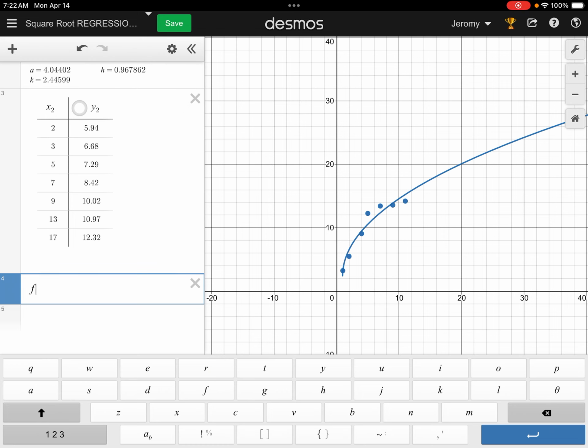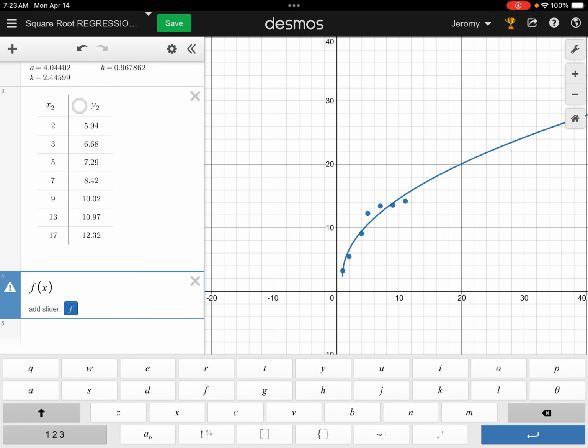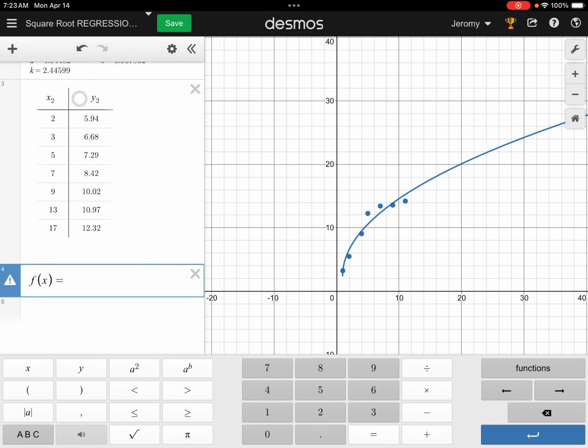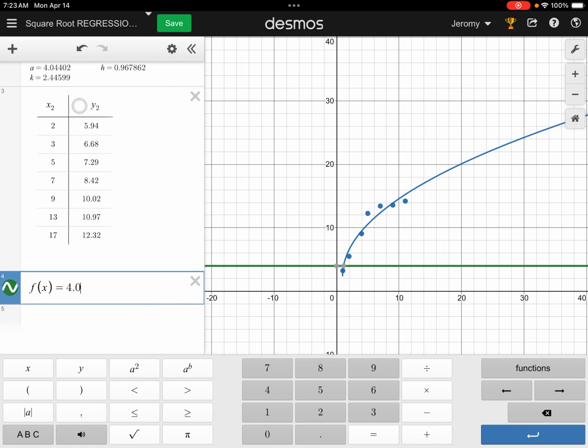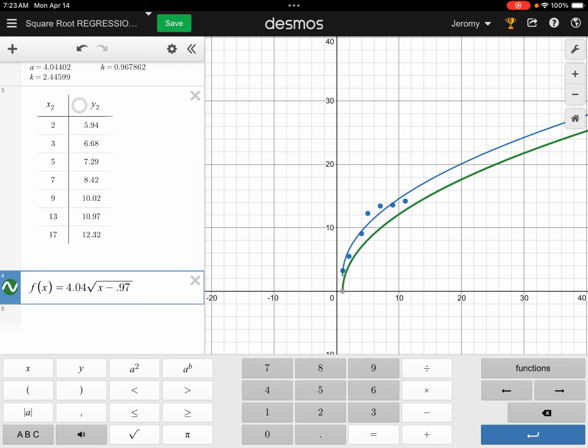Let's do f of x equals. We're going to write an equation and plug in the values. So a is 4.04 times the square root of x minus 0.97, which I'm rounding, and then k is 2.44, let's say 2.45. Oops, I needed to jump out.